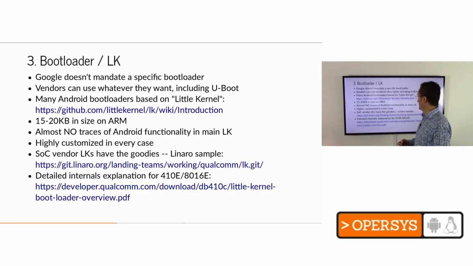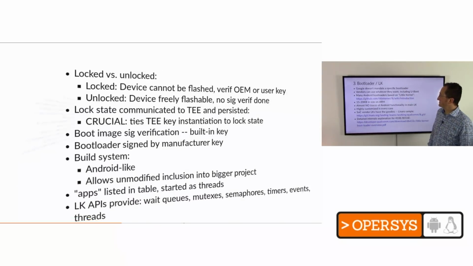And if you want to see, for example, the internals of the LK for the 410E board, you can check this document here. All these blue things are actually links. So when I put the slides up, you'll be able to just go ahead and click on those and explore these different links if you want.